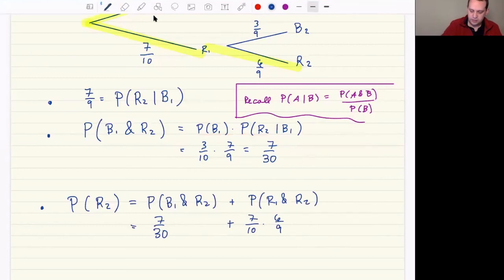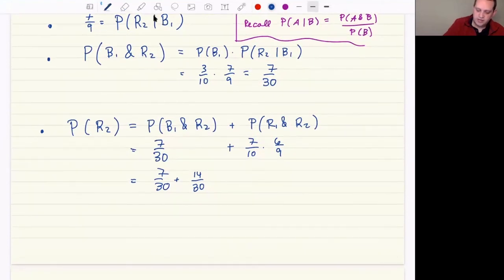And so that's going to be 7 over 30 plus 14 over 30, since 2/3 of 7/10 will be 14 over 30. And so it turns out that there's a 21 out of 30, or 7/10 probability that the second marble will be red.